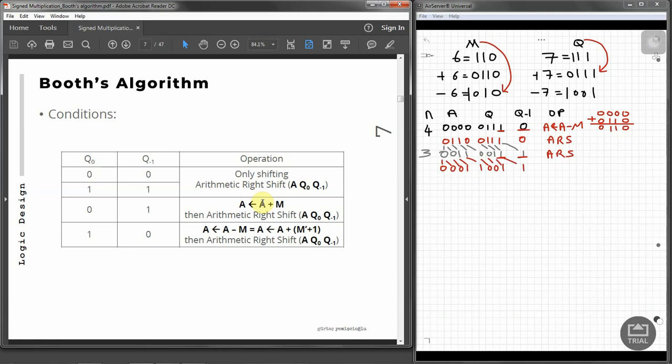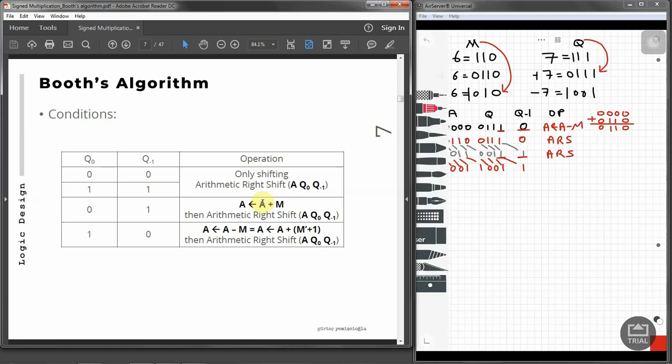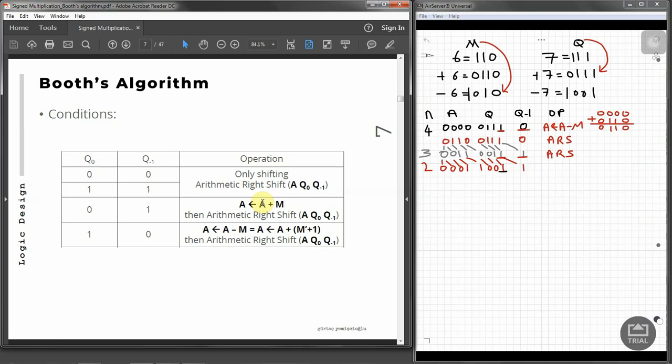Now n is equal to 2, because we just perform arithmetic right shift, and that's it. Again, we have to check the last bits. Now the last bits is 1 1 again, so that means it's another arithmetic right shift.